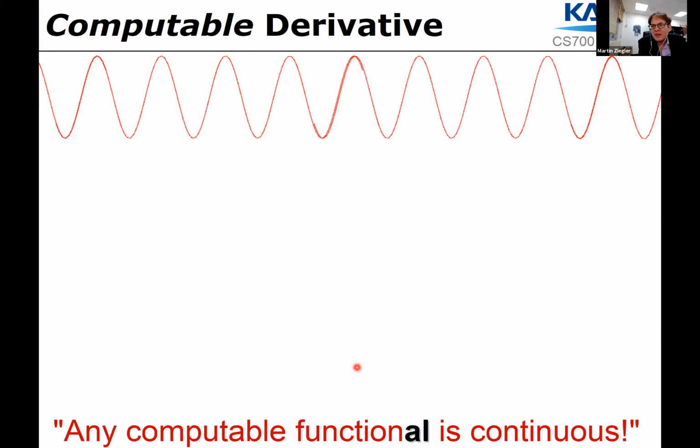Now, when we scale that function in y direction, that means that the norm of this function, the supremum norm, the maximum norm, also decreases, becomes smaller, right? So when we make that amplitude smaller, then also the supremum norm of that function becomes smaller.